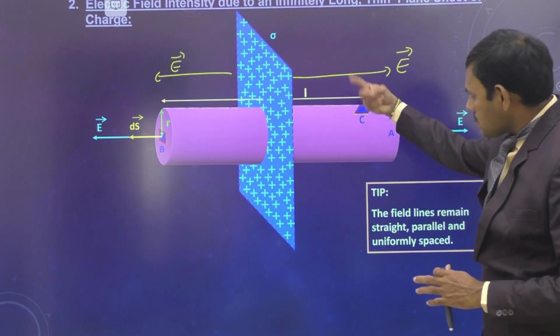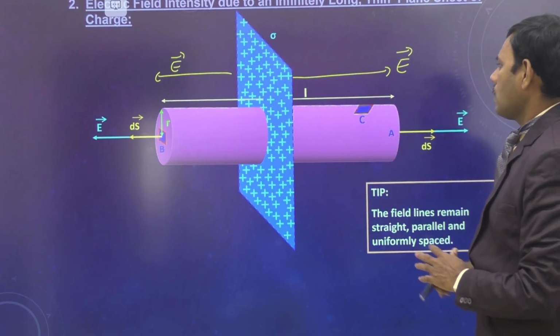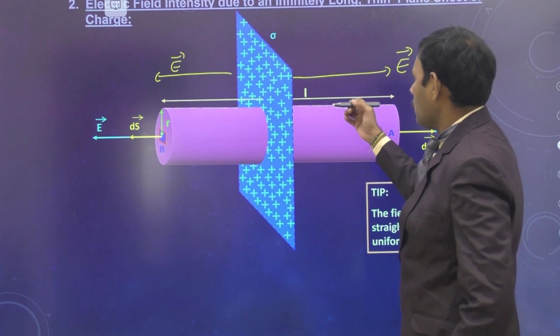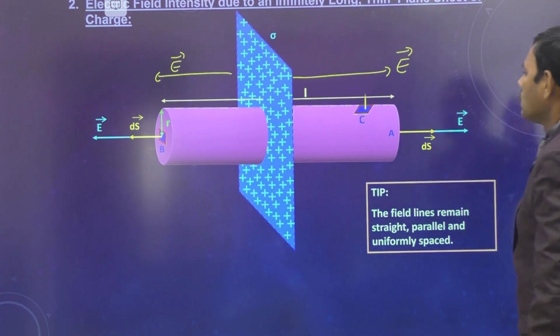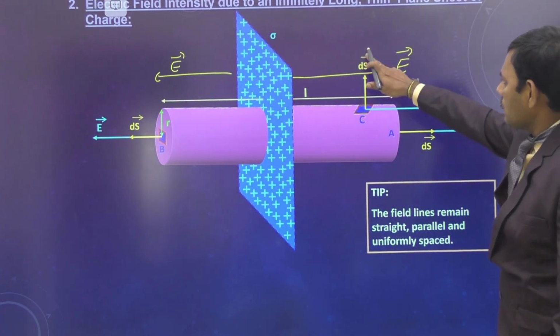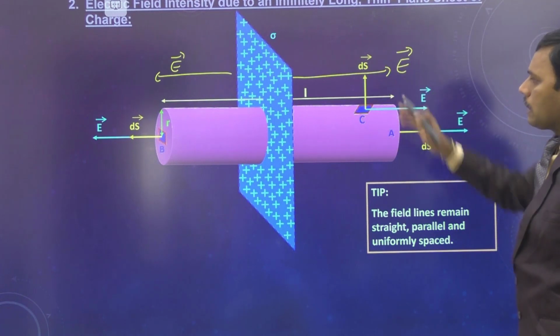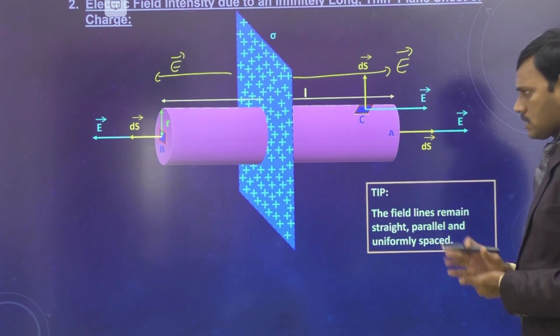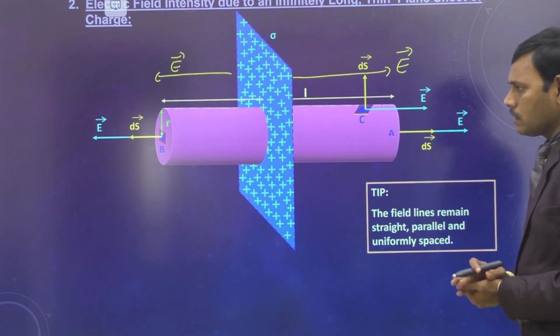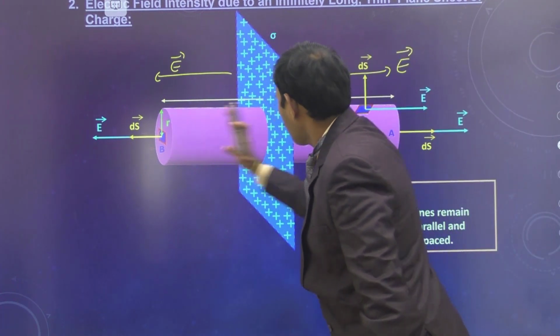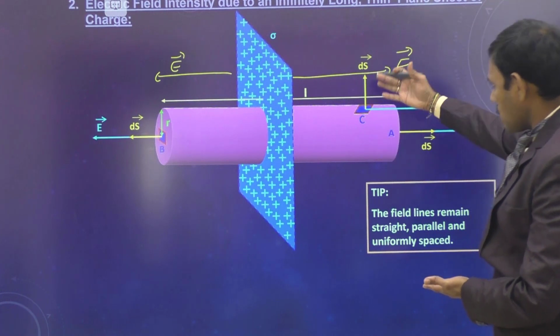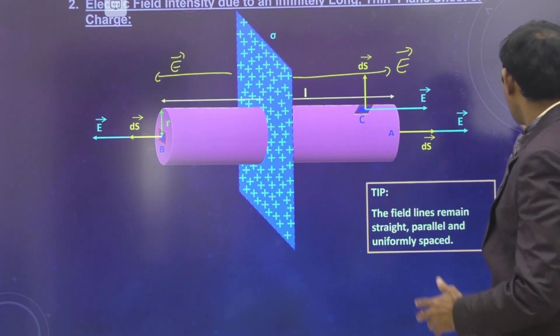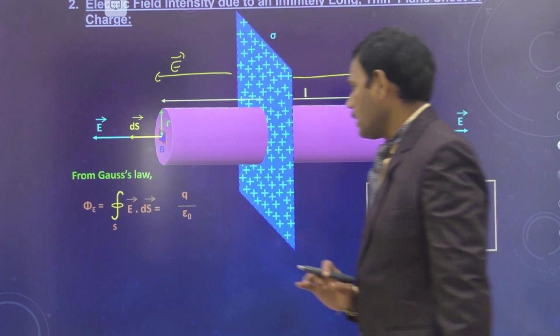For the curved surface, the area vector is like this, E bar is like this, perpendicular. So the circular flat areas contribute flux because E and ds are parallel. The curved surface contributes no flux because the angle between E and ds is 90 degrees.